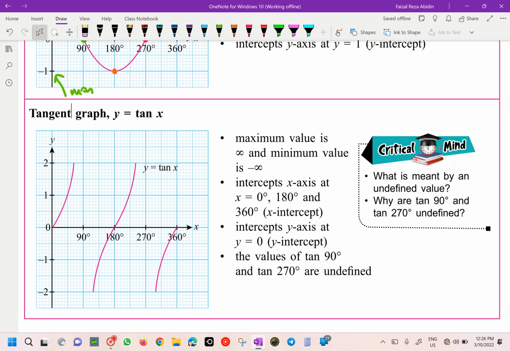Okay? We are going to have only x-axis intercepts at 0, 180 and 360. For y-axis only at 0. Okay? If you look over here, tangent of 90 degree is going to be the same as 270, which is undefined. Can?